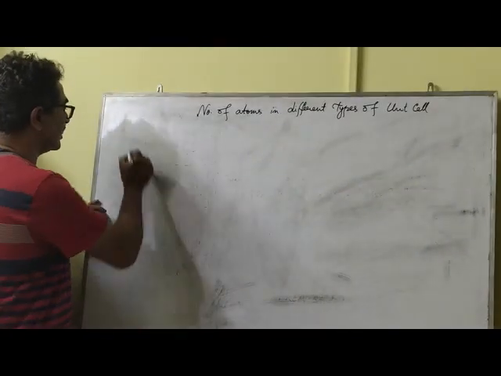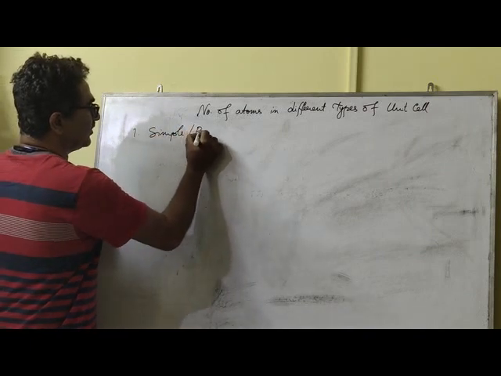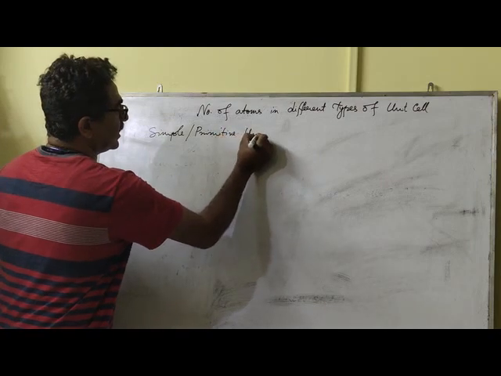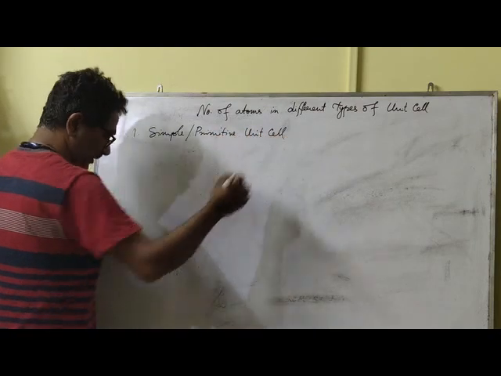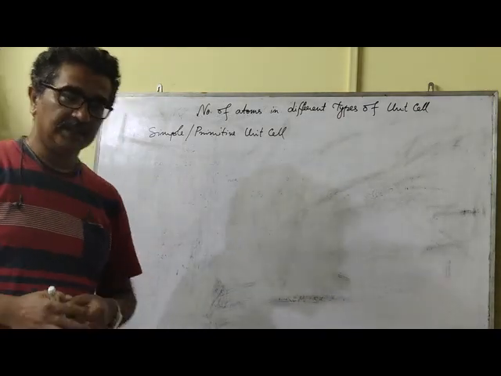The first one obviously will be the simple or primitive unit cell. When I'm talking about unit cell, I'm talking about cubic unit cell.